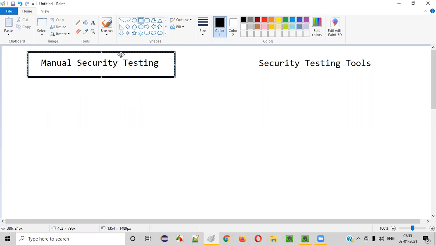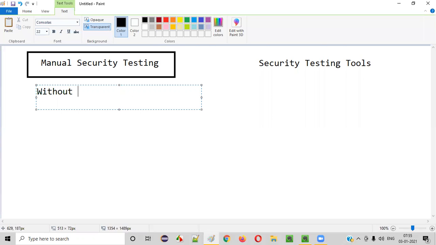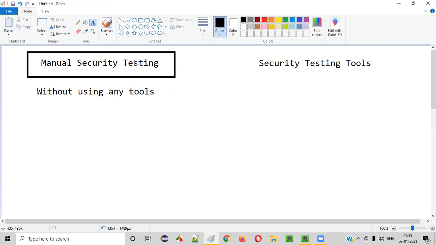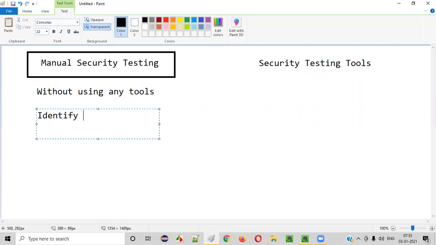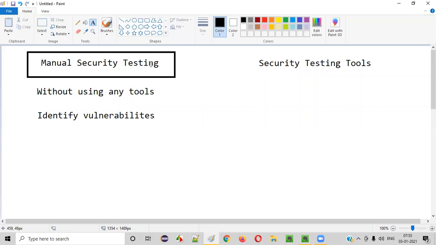When we perform security testing without using any tools, and you are able to identify vulnerabilities, okay? Here in manual security testing, you are not using any tools.